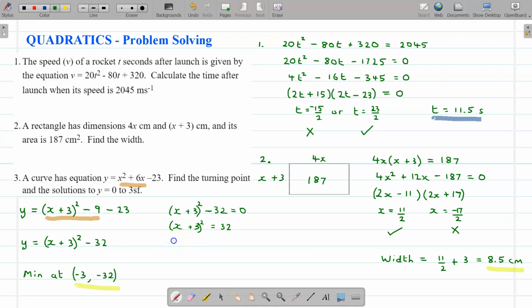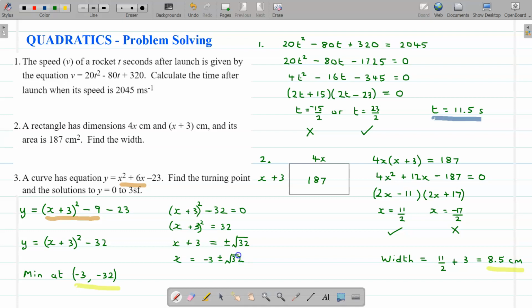And then I say x plus 3 without the squared equals plus or minus the square root of 32. And then finally x equals negative 3 plus or minus the square root of 32.